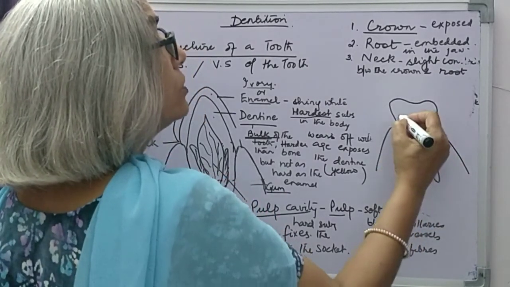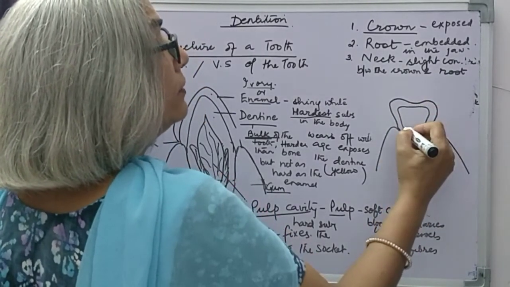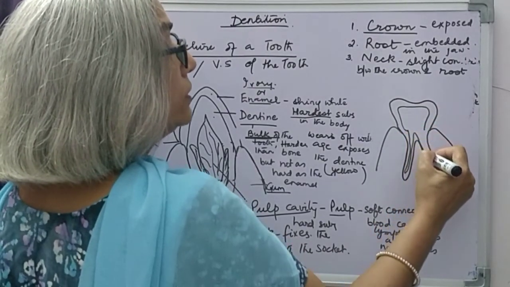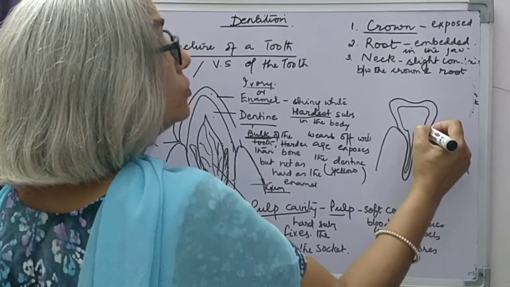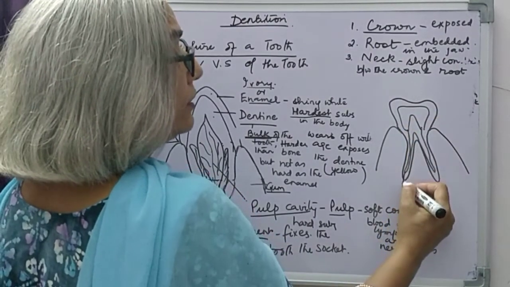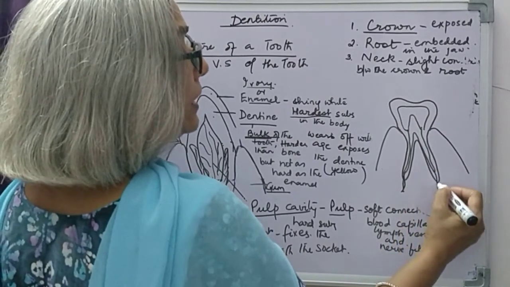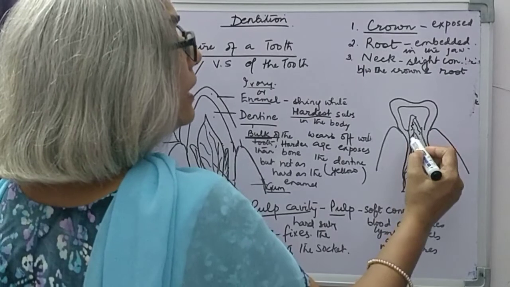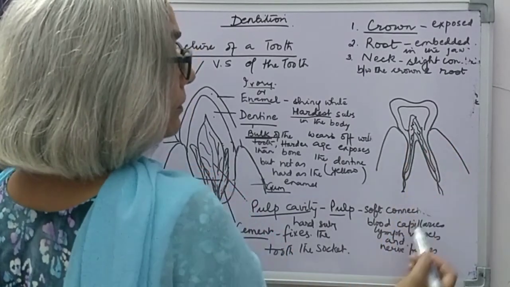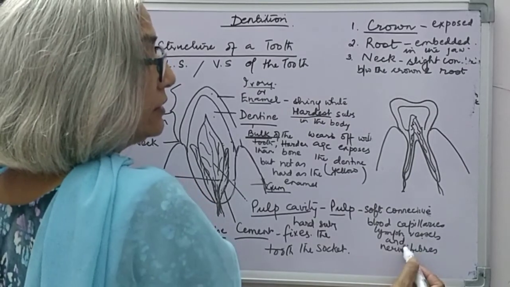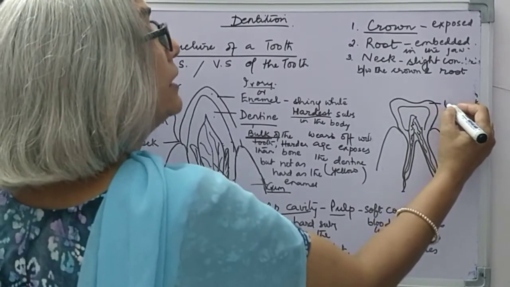So here also we have the enamel, the dentine. Since there are two roots, this is the pulp cavity. This connects that to the inside. This is the pulp cavity having soft connective tissue, blood capillaries, lymph vessels and nerve fibers. This is the enamel.